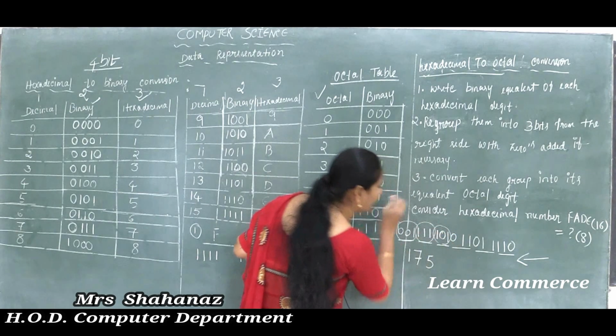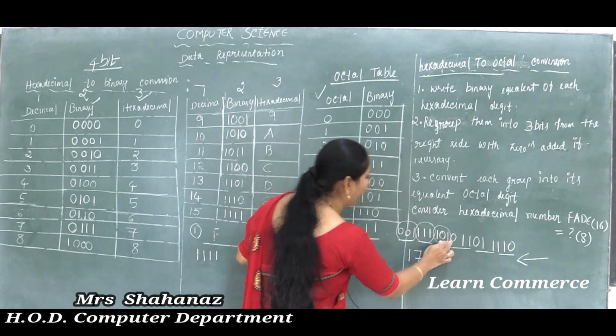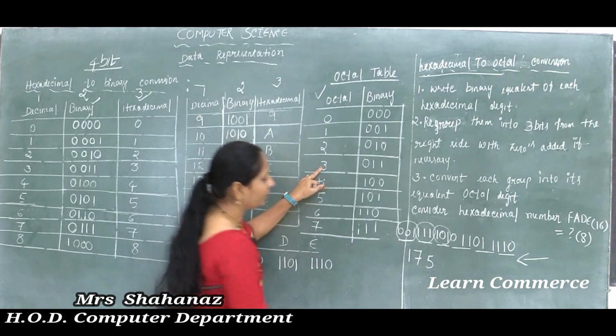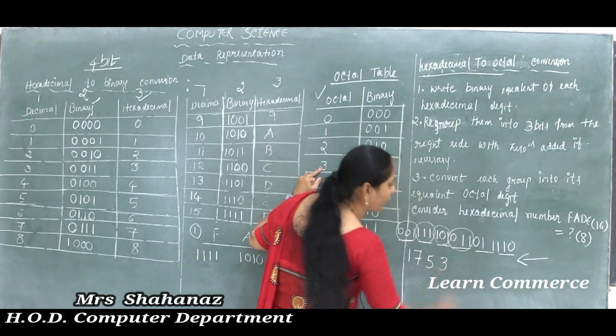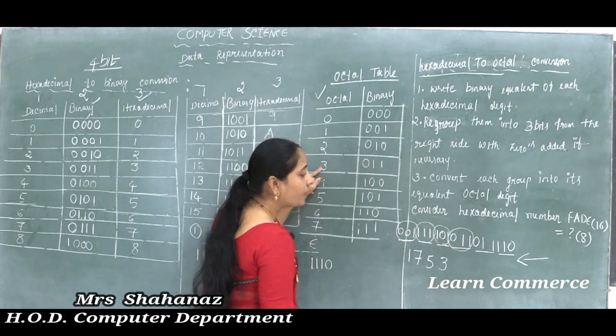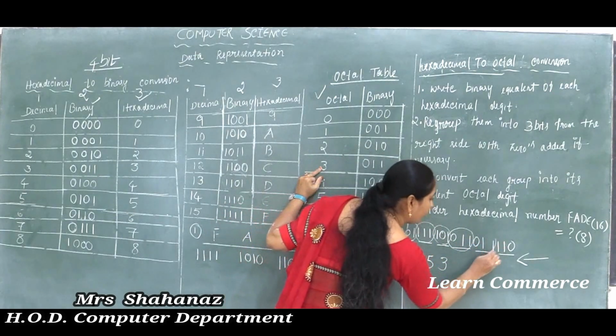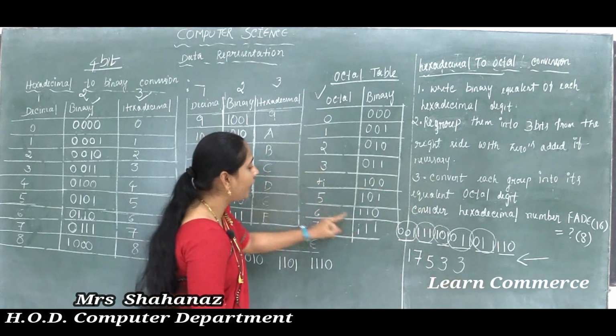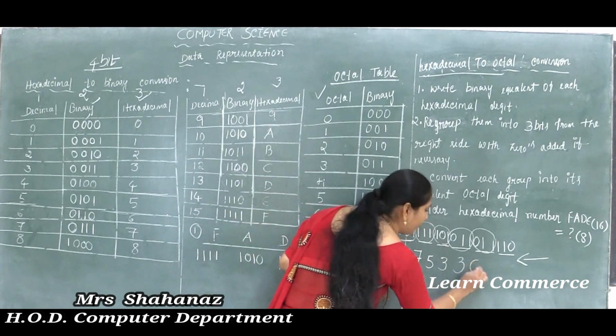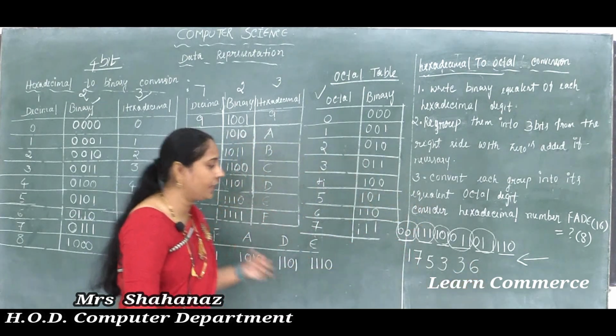We already completed this point. Now 011, the value is 3. Again 011, so again we write 3, and the last group is 110, which is 6.